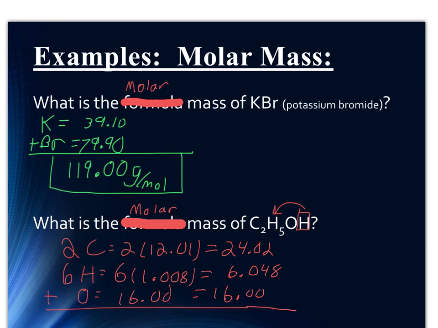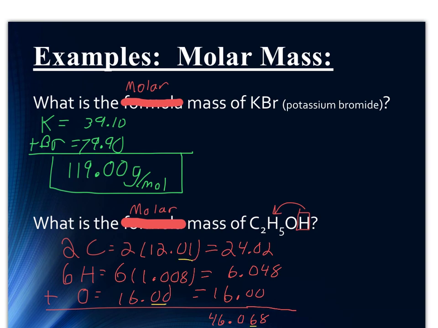Grab my handy calculator. 24.02 plus 6.048 plus 16. I get 46.068. But once again, the sig figs are being sneaky.